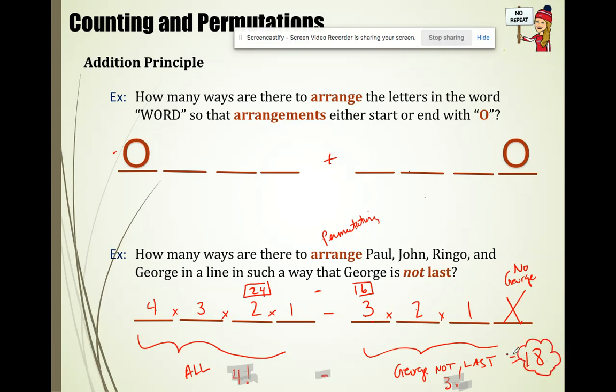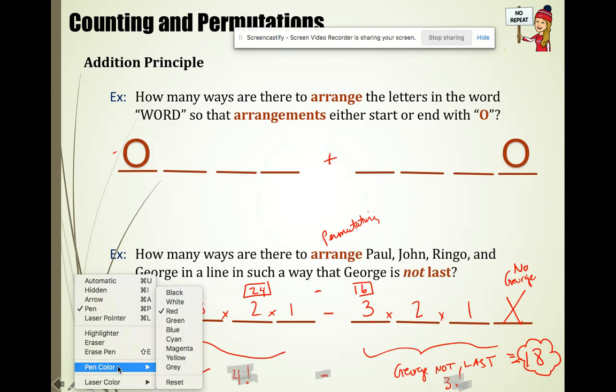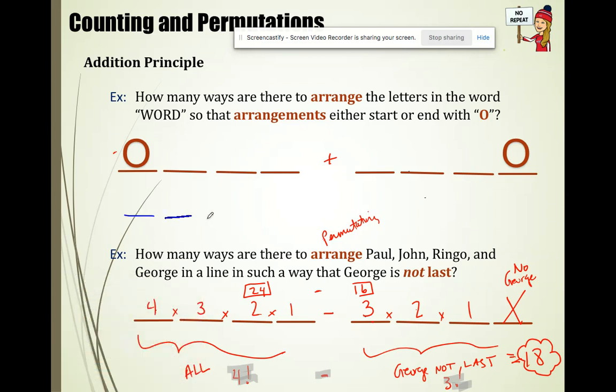So again, that's not the only way to do the problem. I could have done the problem literally with the addition and said, well, I could have basically 3 factorial 3 times, right? George not last, so that slot is taken.